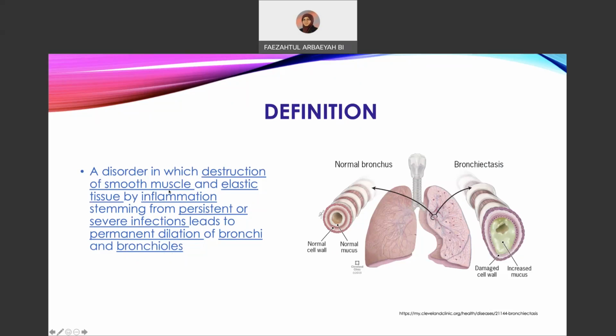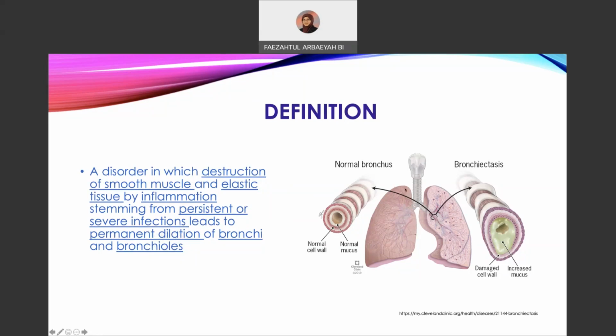What's causing this is a lot of inflammatory process because of persistent or severe infection, and eventually the bronchi and bronchioles will lose their ability to dilate and to move. They are not able to do the peristaltic activity of the airways.